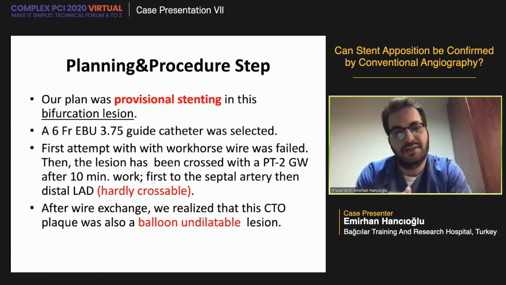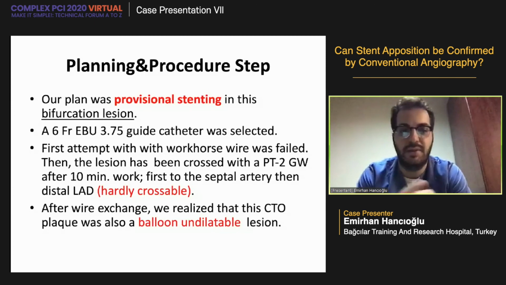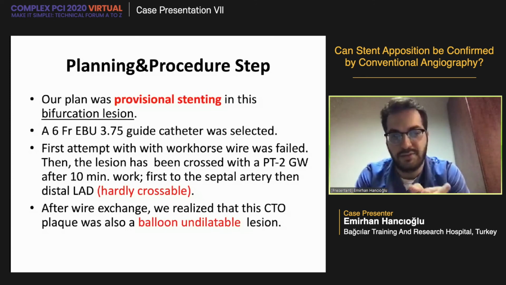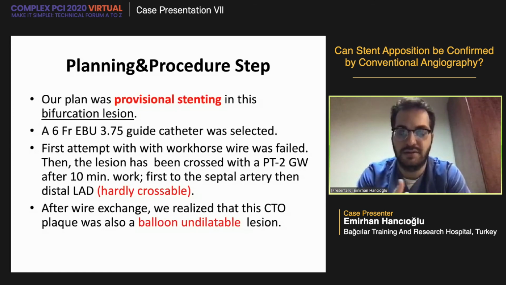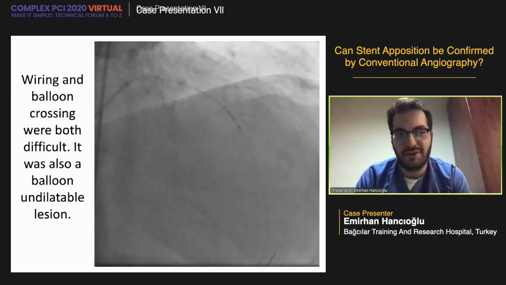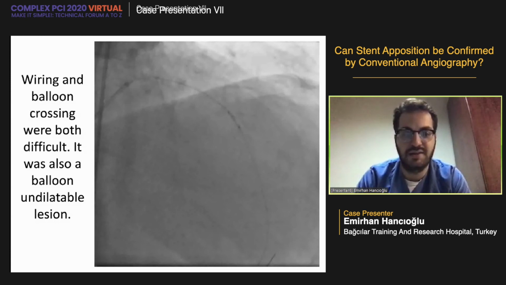So we planned provisional stenting for the bifurcation lesion, and we chose a 6 French extra backup catheter. Our first attempt was very hard because the lesion was hard to cross. Wiring and balloon crossing were both difficult, so we considered it an undilatable lesion.